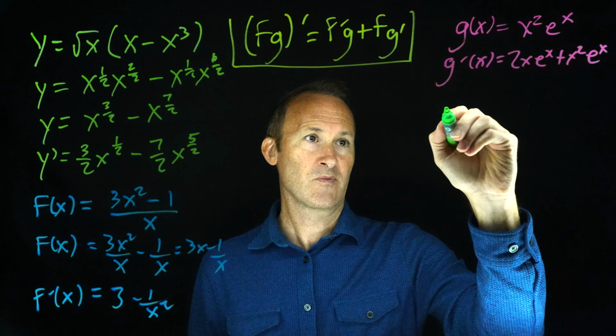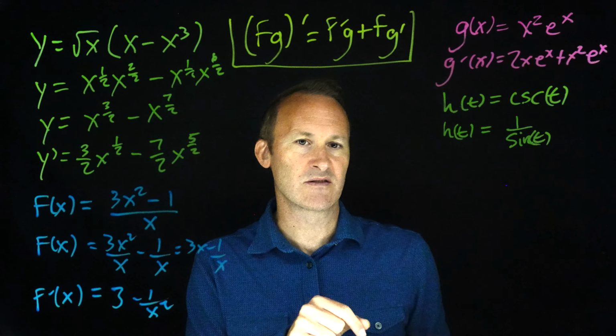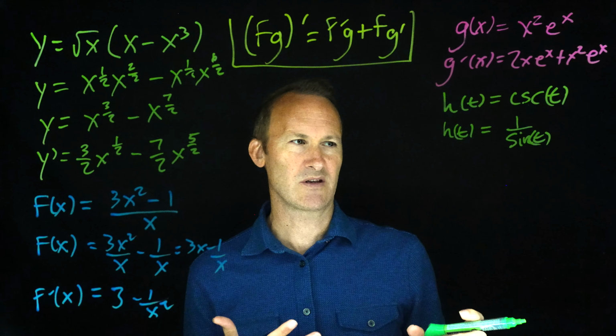Okay, so this is a trig function, and I often haven't had this one memorized. And so let's just state what we know: h of t can be written as cosecant as 1 over the sine of t. Okay, we know what the derivative of sine of t is, but what about 1 over the sine of t?